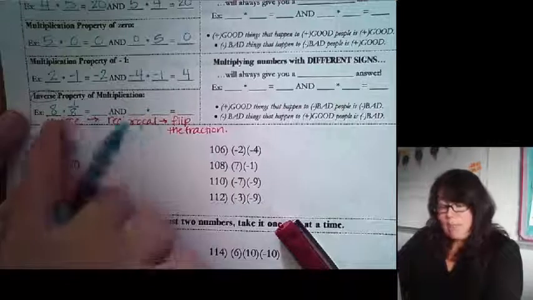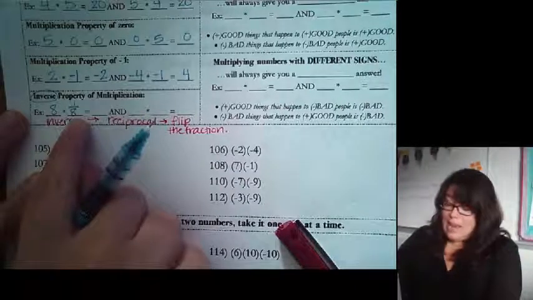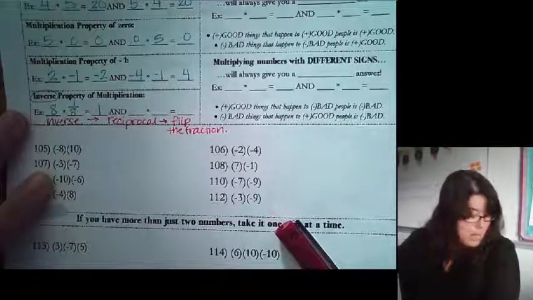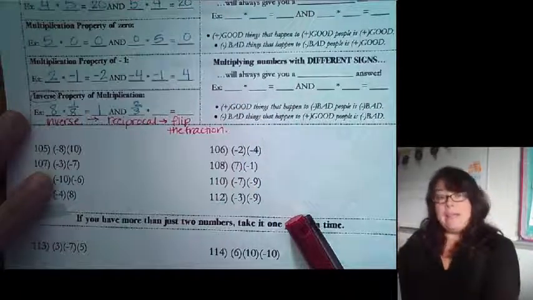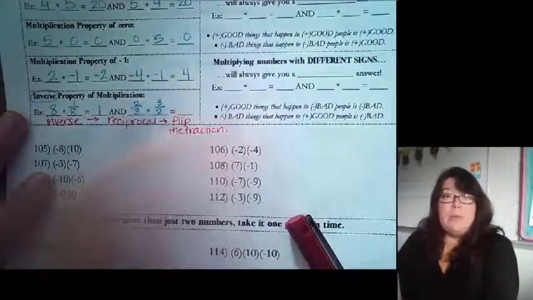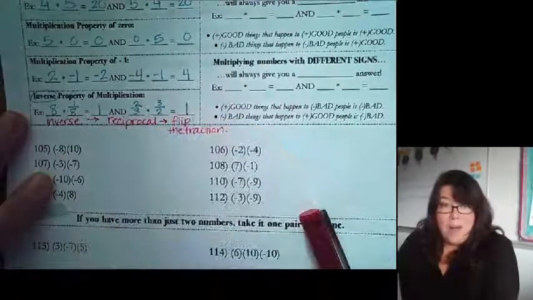So we can flip it and make it 1/8 instead of 8/1. And if we multiply these two things together, it'll equal 1. And it works for fractions too. If you take something like 2/3 and you multiply by its inverse, or its reciprocal, and you flip the fraction, then that is going to equal 1 as well.